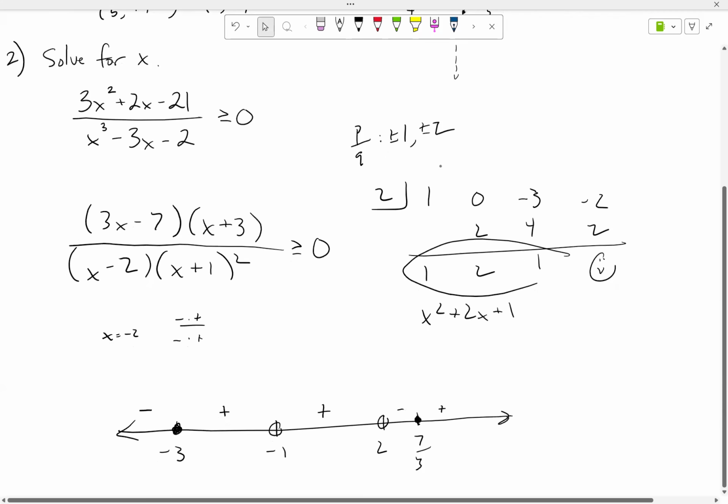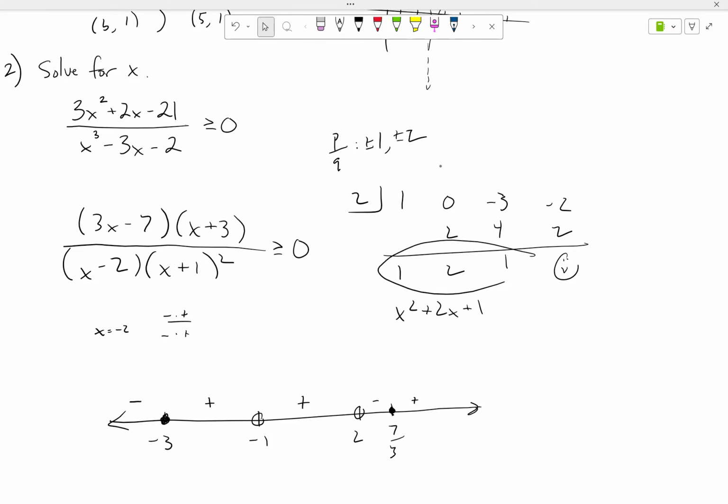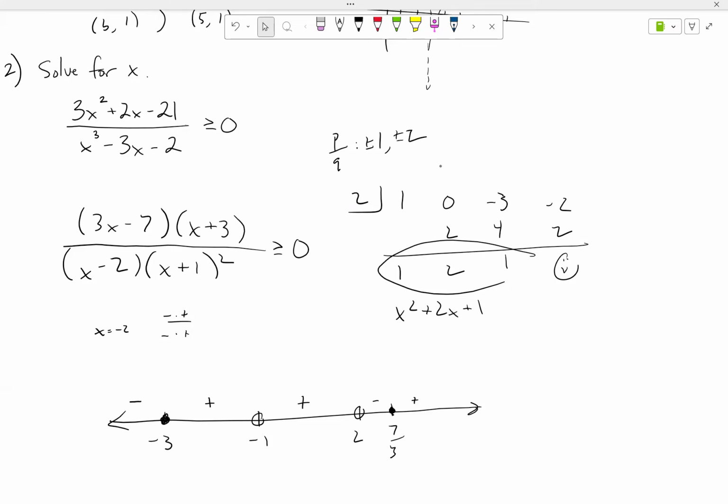Yes. The x minus 2 and x plus 1 squared, we're considering them zeros in this instance, but not necessarily asymptotes. There are zeros of the polynomial that's on the denominator here. Then we make them open circles, so we know they're technically asymptotes. Every number in the rational function is a balance on whether it's positive or negative, so we had to balance everything.